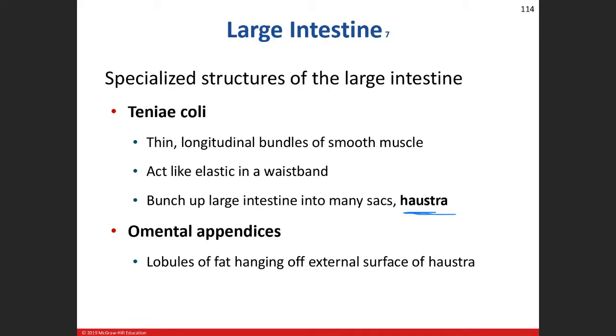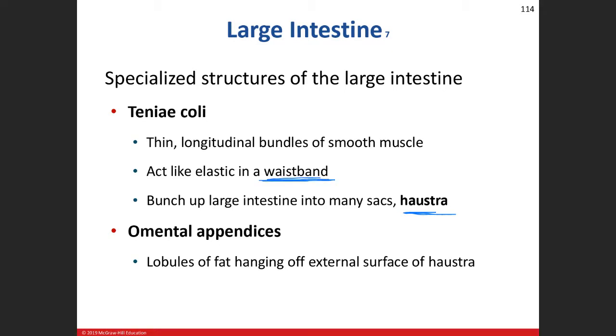And because it's the longitudinal muscle, we know that the longitudinal muscle helps with movement of digested food through the GI tract. Okay? So it's the teniae coli, and we'll talk about this in a moment when we talk about movement in the large intestine. But the teniae coli are going to help to advance that food through your GI tract here. Okay? So we like to refer to it as like a waistband here.